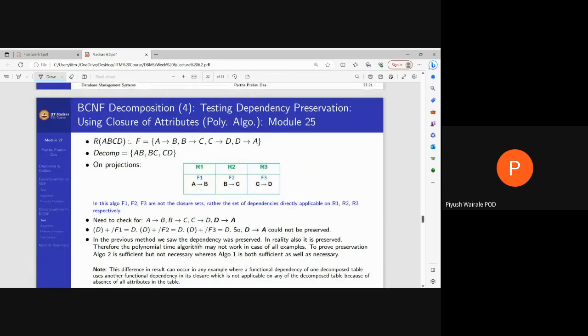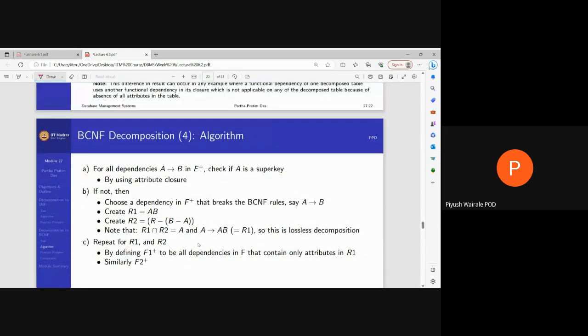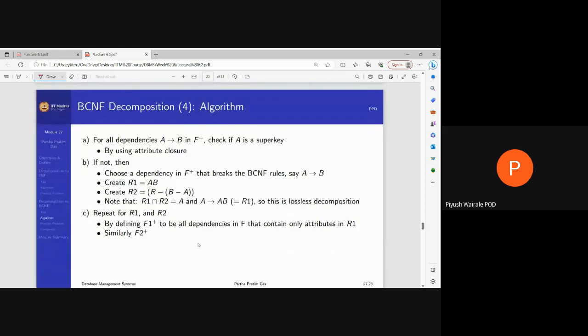There is a different method to follow; you can try it out. BCNF algorithm. Same thing. Create R1 with AB, create R2. Here you can see, for all functional dependencies A determines B in F plus, check whether A is a super key or not, right? By using attribute closure. If not, then choose a functional dependency that breaks the BCNF rule, say A determines B. Create R1 as AB, right?